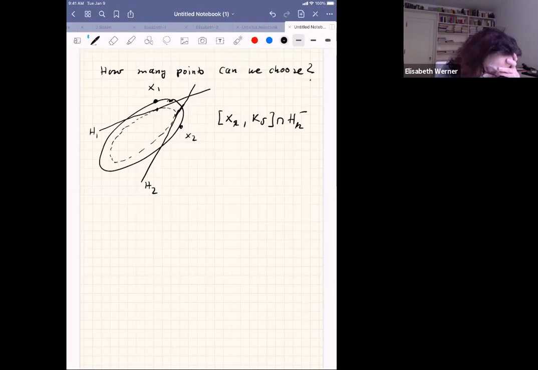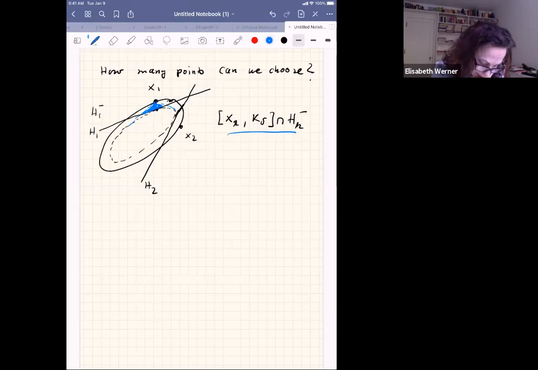For instance, if k is equal to 1, we'll take the convex hull, let me do blue now, of x with a floating body, and then we'll intersect it with Hk minus. So H1 minus is here, so what we get is this cone. So that's what we get when k is equal to 1.